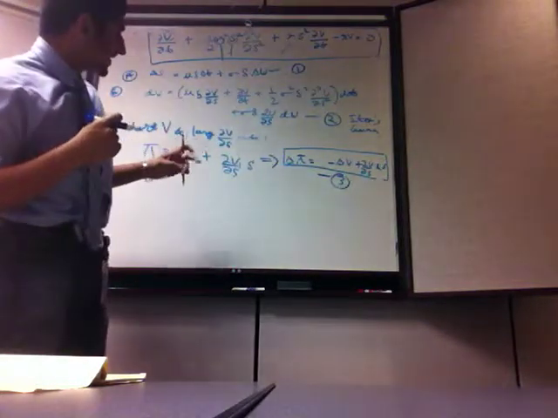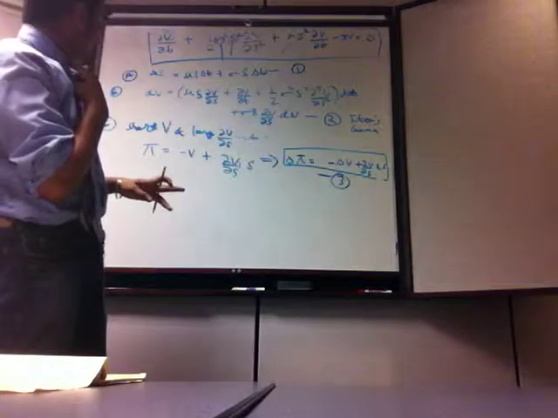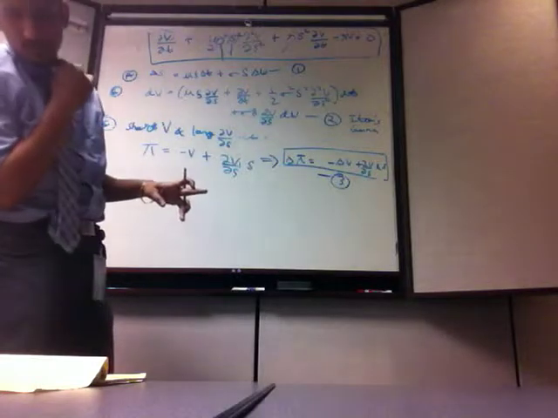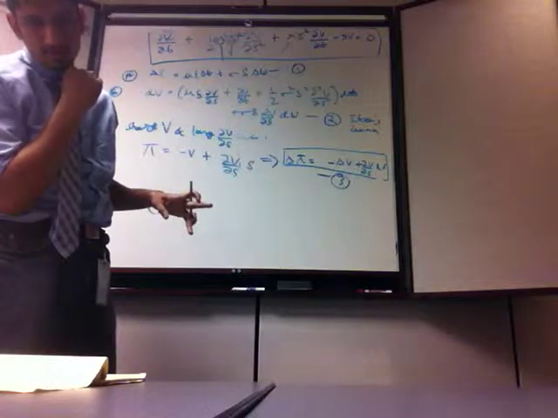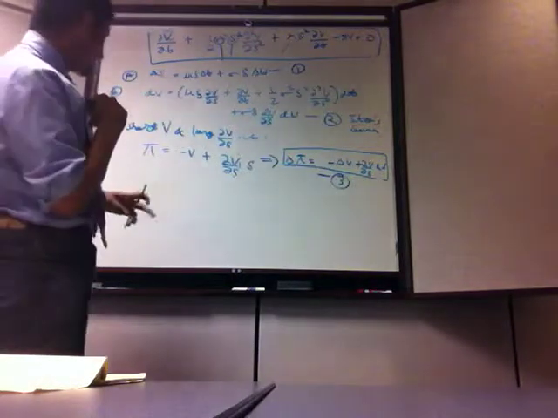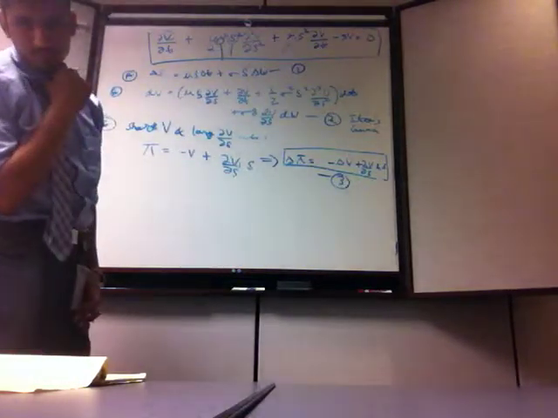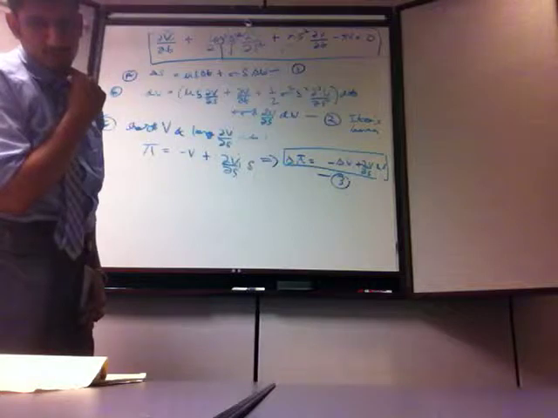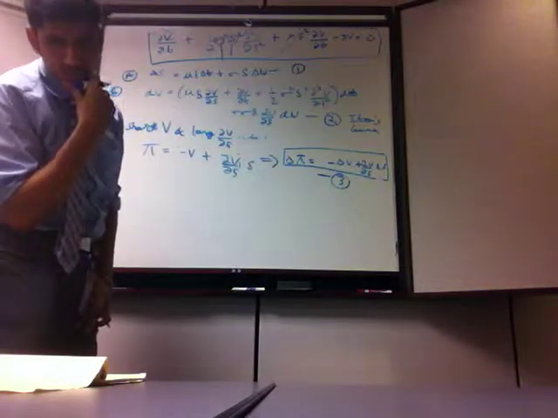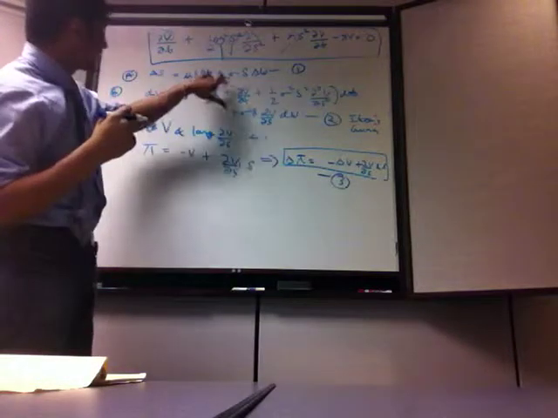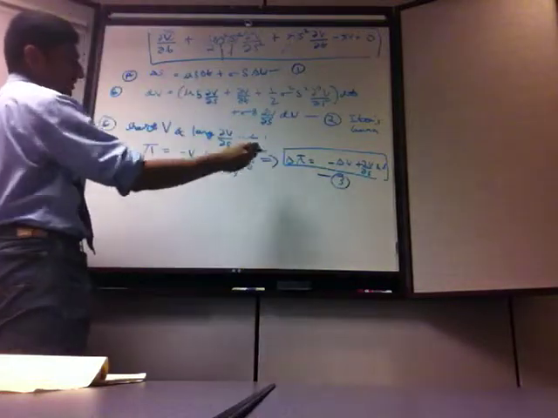Now I want to put the value of delta S into the expression I've just written for delta pi, the change in portfolio.